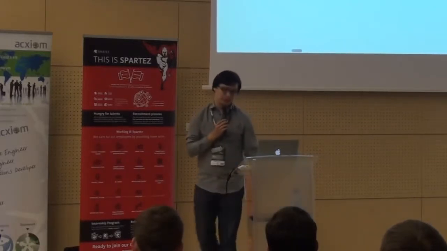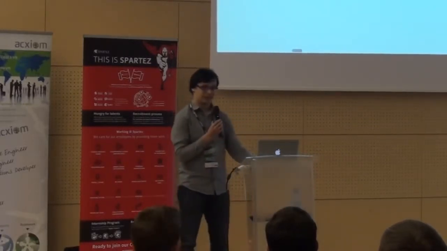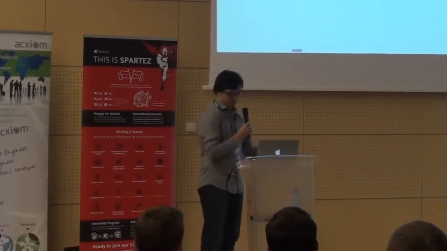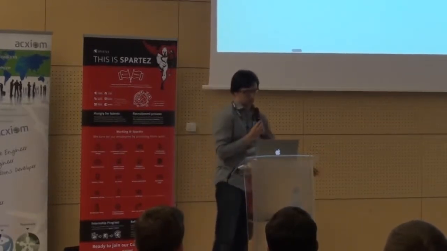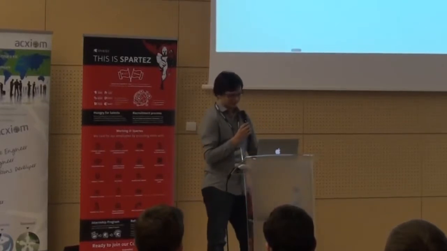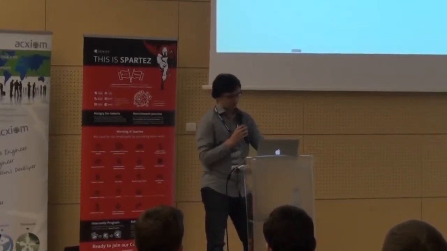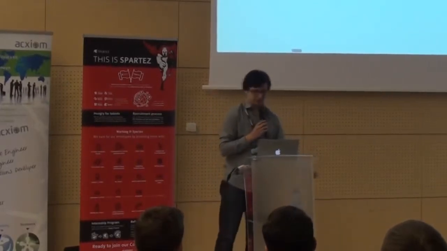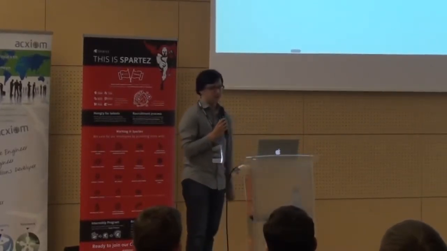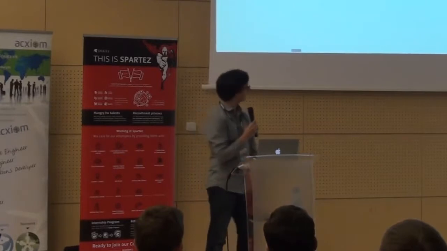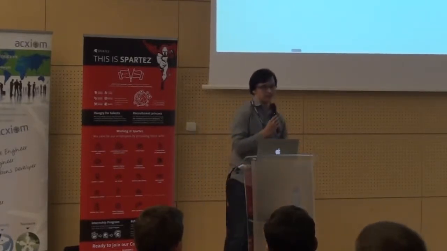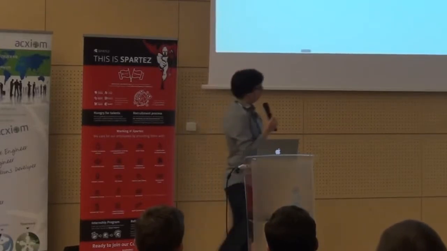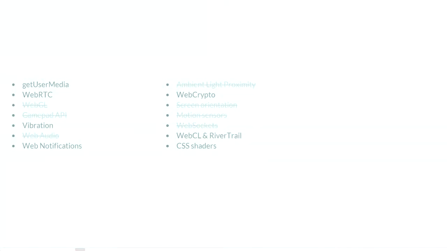So the Get User Media, which probably a lot of you already heard of, WebRTC, WebGL, there's WebCL, WebSockets, WebCrypto, Web anything. There's ambient light proximity to detect the ambient light on your devices. There's the screen orientation, motion sensors, etc., etc. So this is just a short list of the most interesting APIs I think are available. I will focus only on these 7.